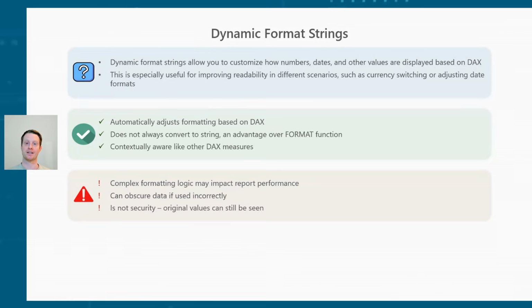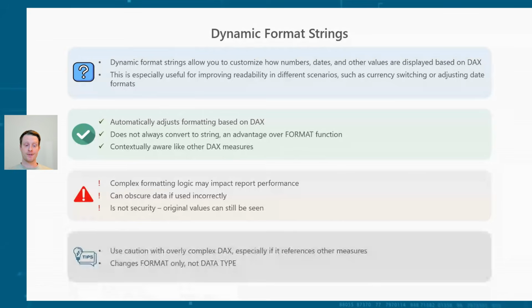So it can get quite slow and impact performance if you have complex logic because you're doubling the amount of DAX needed. It can obscure data if used incorrectly. We want to help people with reusability, but if we get a bit too complex, maybe we end up obscuring data and actually displaying data incorrectly. So be careful. And again, not security. This isn't masking. Original values can be seen. It's simply a view.